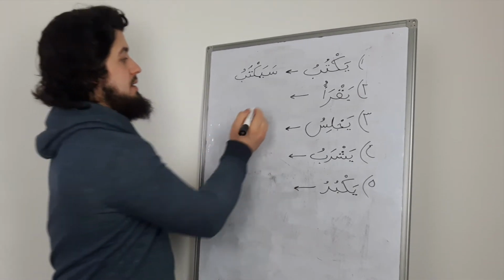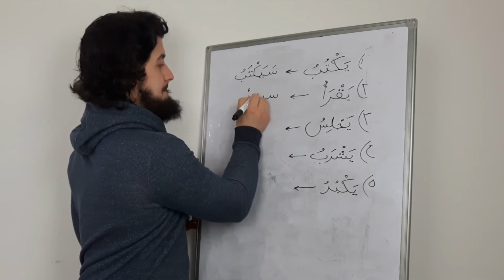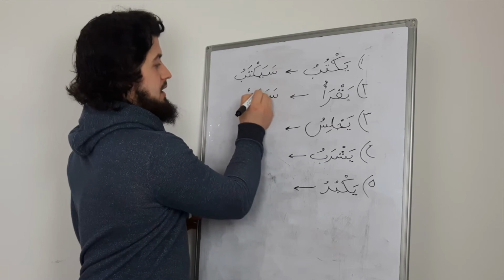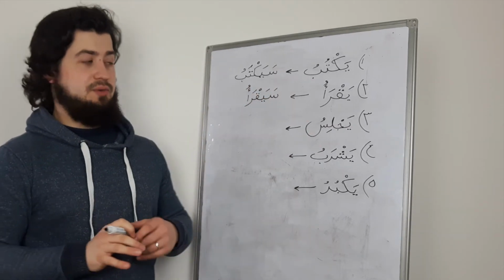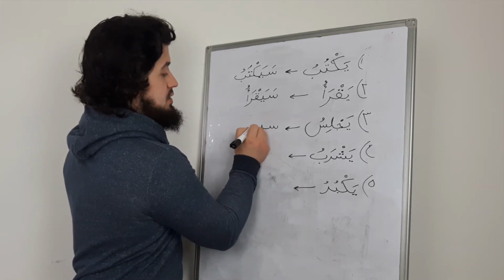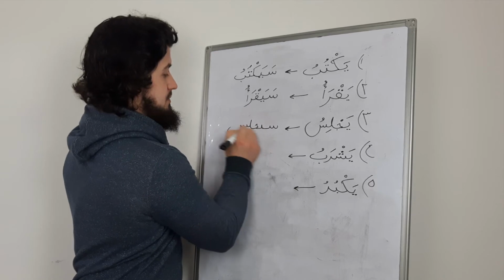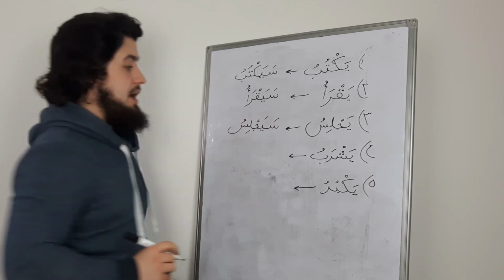Qara'a yaqra'u means he read and he reads. So he will read: sayaqra'u. Next we have yajlisu, he sits down. If we say he will sit down: sayajlisu.